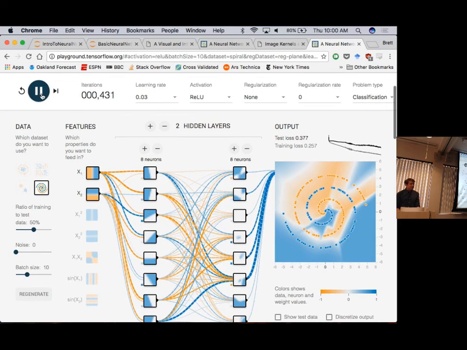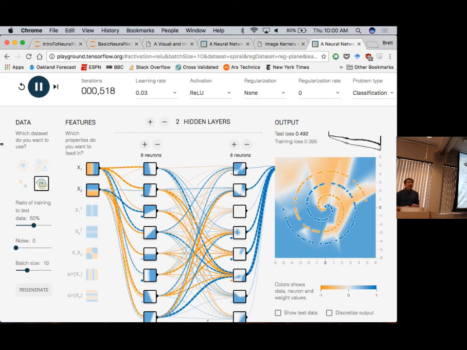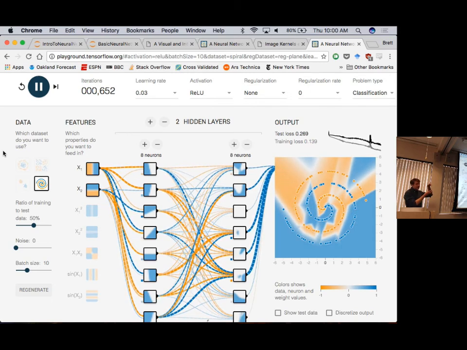What does batch size do? So far I've been talking about gradient descent as computing the gradient for your whole data and then taking a step. It turns out that in practice, if you have 100 million images, you don't want to compute the gradient on all 100 million images and then do one massive update.